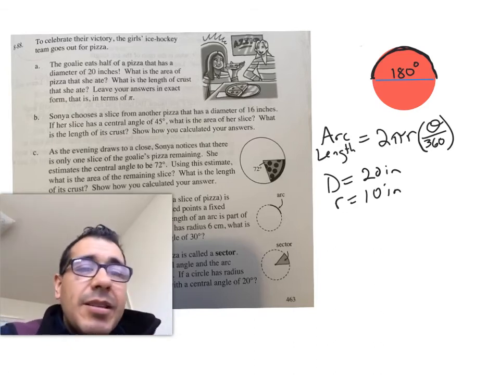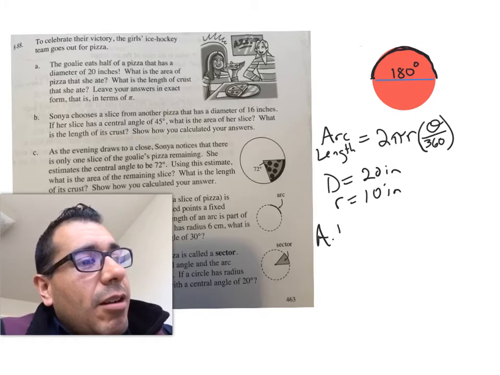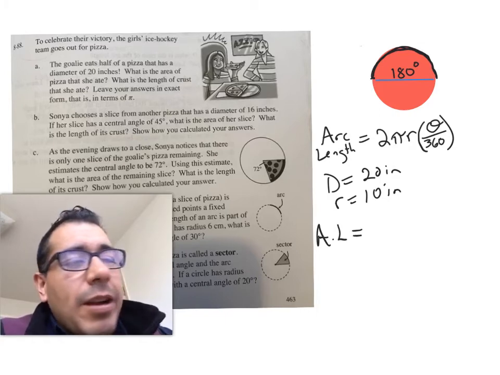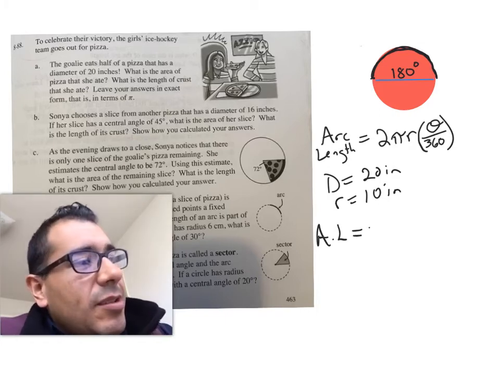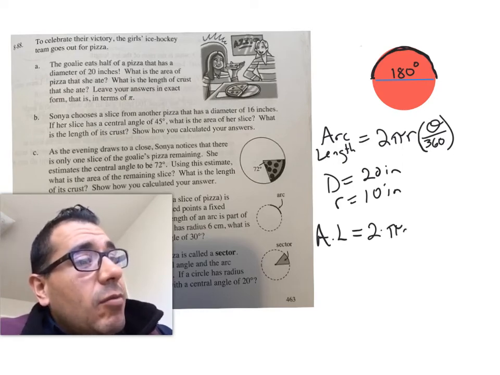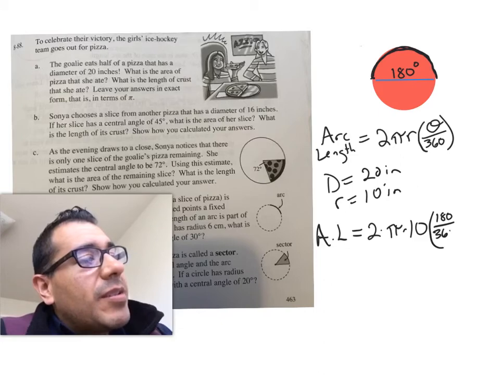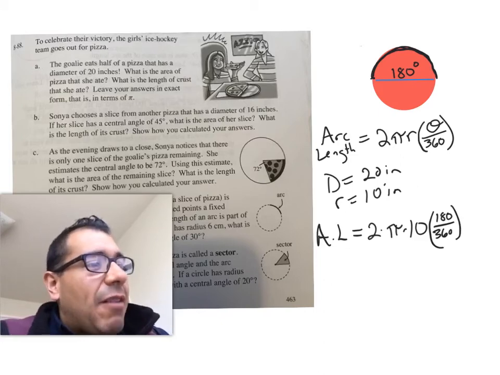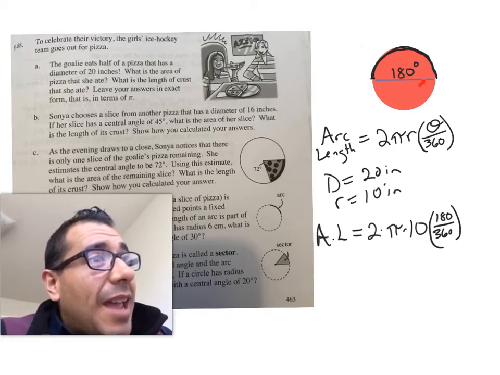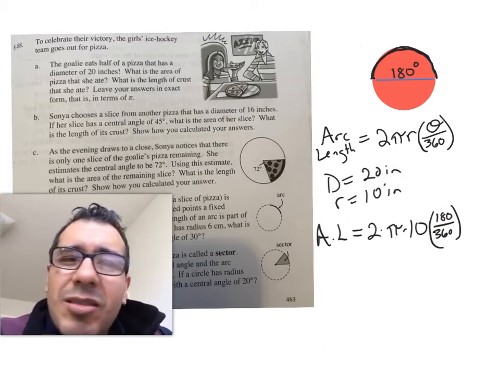All right, so let's plug all this in. All right, so our arc length, I'll call it AL, or L for short, is 2 times pi times my radius, which we know is 10, and then we're going to multiply that by a fraction here, 180 divided by 360, which is just half, right? We could look at this, and this is half of the entire circle, which is 360. So we know 180 over 360, that's just half.